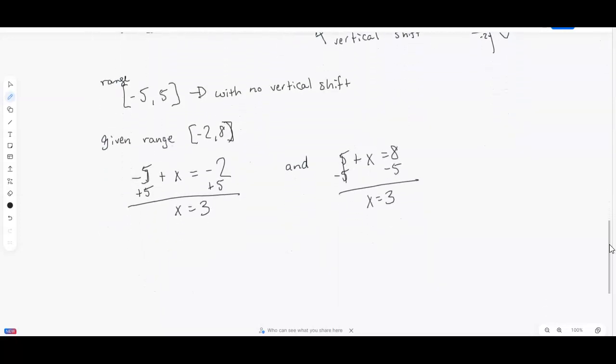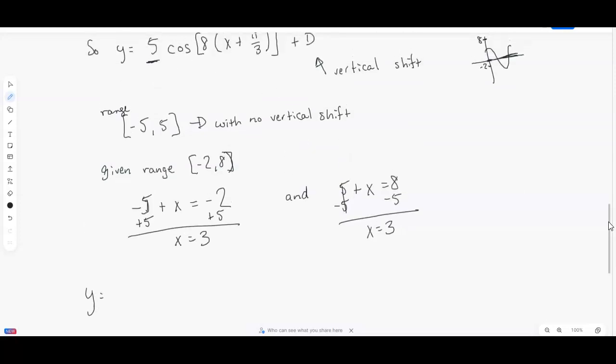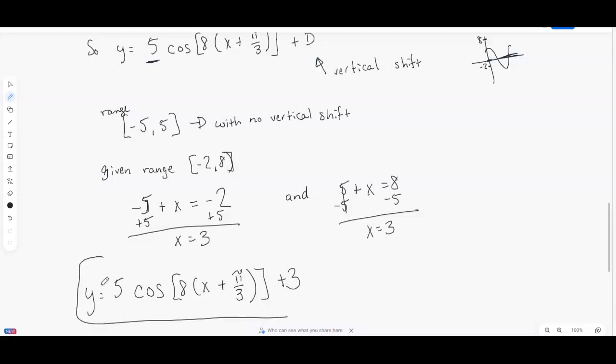So your final answer is that y equals 5 times the cosine of 8 times x plus pi over 3, plus 3. Okay, and that is creating a cosine function given all of that information, right?